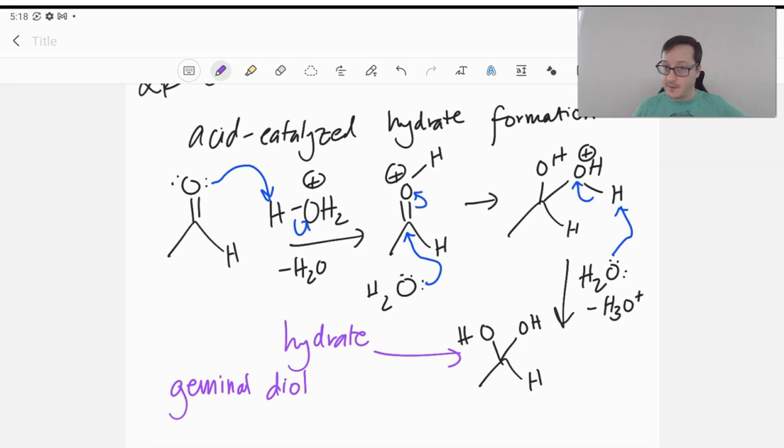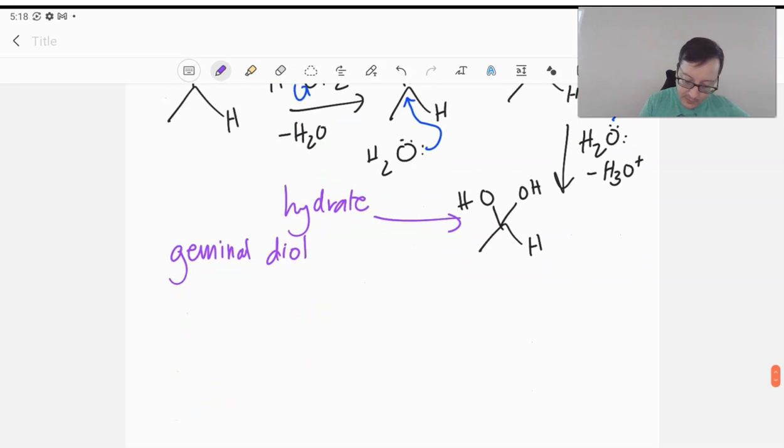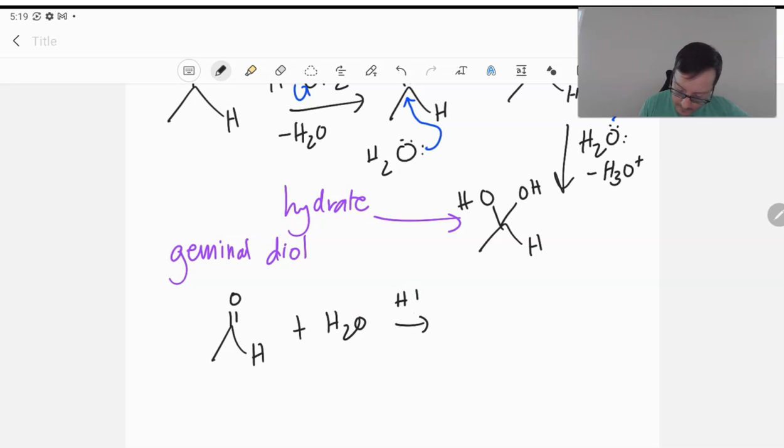If we take a look at the overall mechanism here, for most substances this is an equilibrium process. We will end up with our hydrate. In the process, we're using our acid catalyst, and we're going to see that, generally speaking, this reaction heavily favors the reactants here.